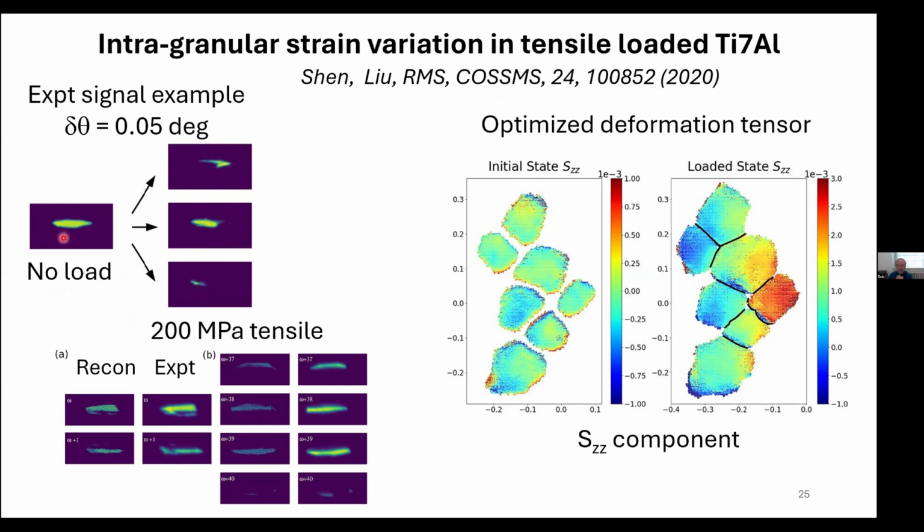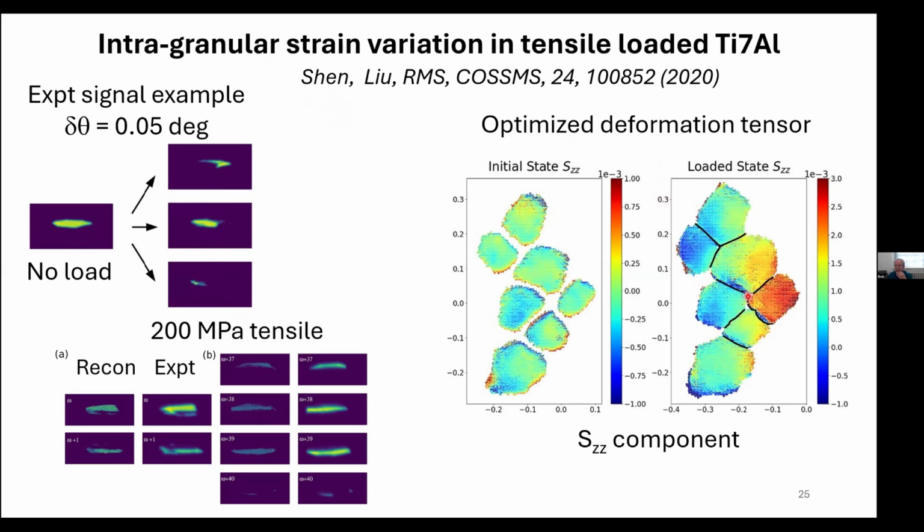just like this. So this is a signal of strain, and my graduate student Yufeng Shen put together an algorithm to do an optimization of a deformation tensor, that is to say, a 9-component strain and rotation tensor.